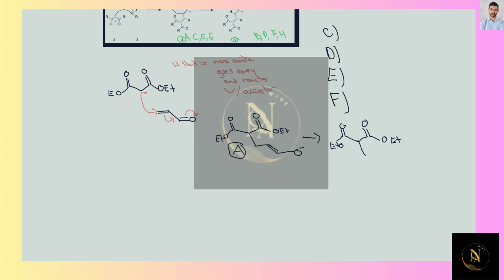In order to get that acid, a pair of electrons recovers the carbonyl compound. The double bond is going to attack an H from the acid, and we end up with our final Michael product. That is, we get rid of the double bond, and we recover the double bond with the oxygen.